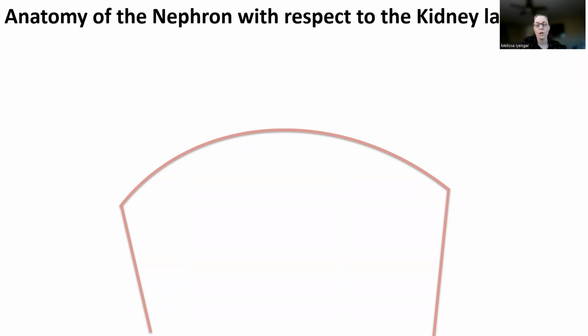Okay. So I drew this pyramid because I want you to understand where parts of the nephron are going to be located in the greater structure of the kidney, so in the layers of the kidney. We're going to see that this layer up above is the renal cortex. Okay, and then this layer below, basically this is the renal pyramid.